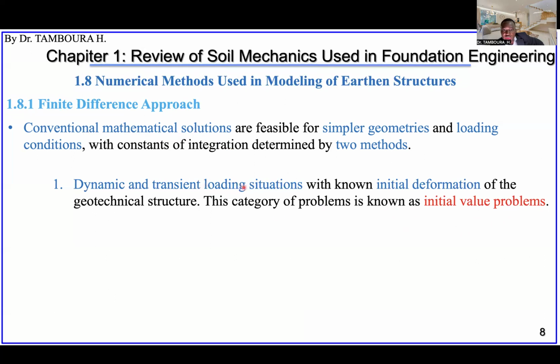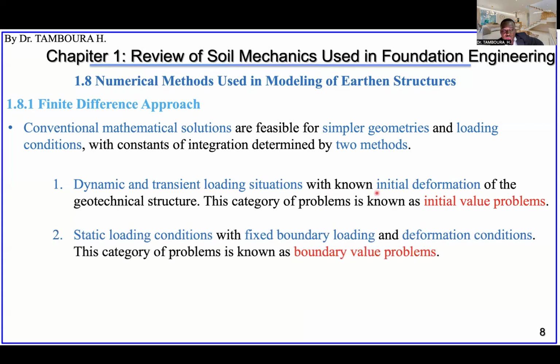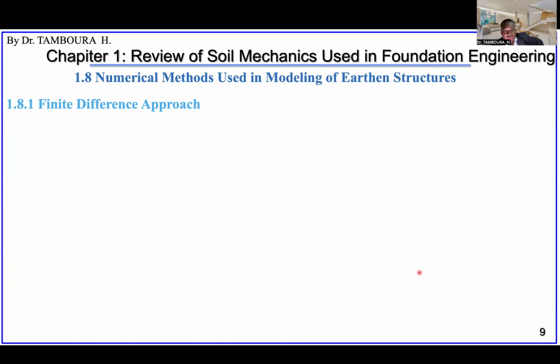Number one is dynamic and transient loading situations with initial deformation of a geotechnical structure. Number two is static loading conditions with fixed boundary loading and deformation conditions. This category of problem is referred to as a boundary value problem.